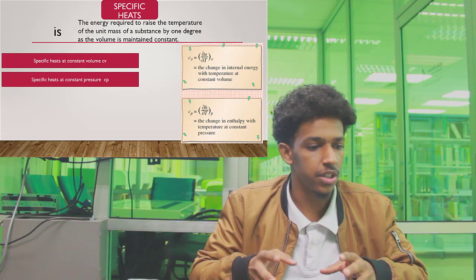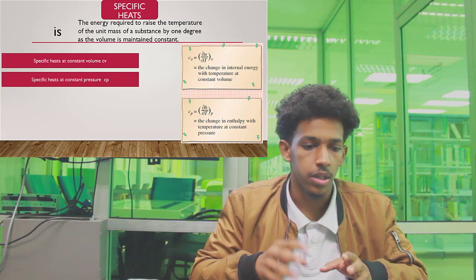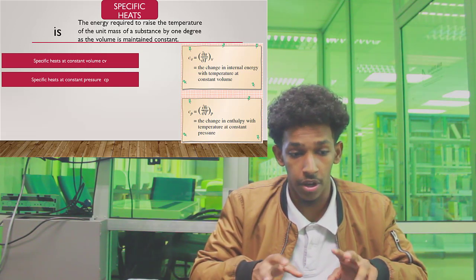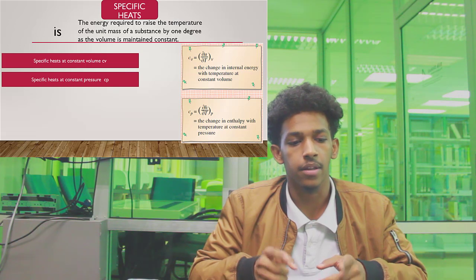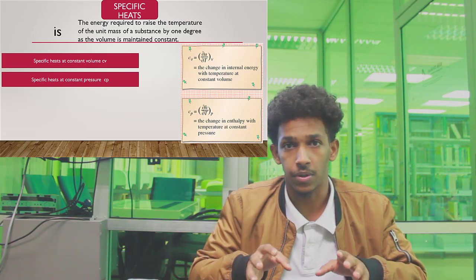Another specific heat, at constant pressure, Cp equals del H over del T. That means the change in enthalpy with temperature at constant pressure.